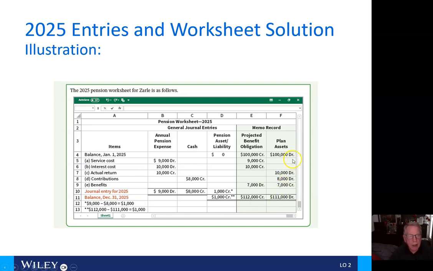The plan assets, we have a debit entry for $100,000 for beginning balance, and then we have a debit entry for actual return of $10,000, contributions of $8,000 debit, and finally a credit of $7,000 for benefits. Total $111,000 debit balance.